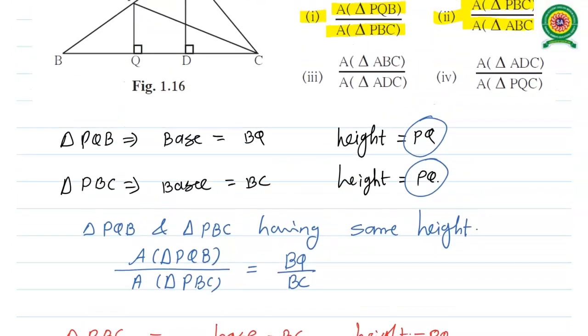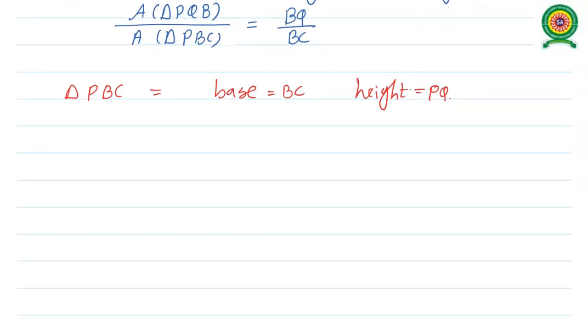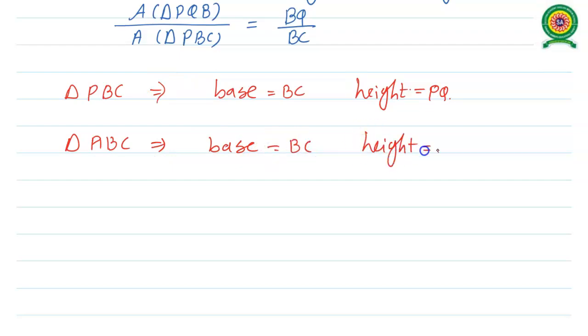Now look at the triangle ABC. AD is the perpendicular drawn on BC. That means BC is the base and AD is the height. So for triangle ABC, we have base BC and height AD.